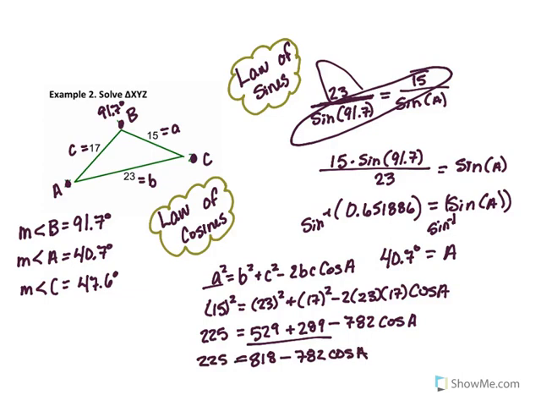I'm going to start running out of room here, so I'm going to write a little minus 818 from both sides because we're solving this like an equation. So 225 minus 818 is negative 593, and we still have negative 782 cosine of A. Okay, go ahead and divide by that negative 782.